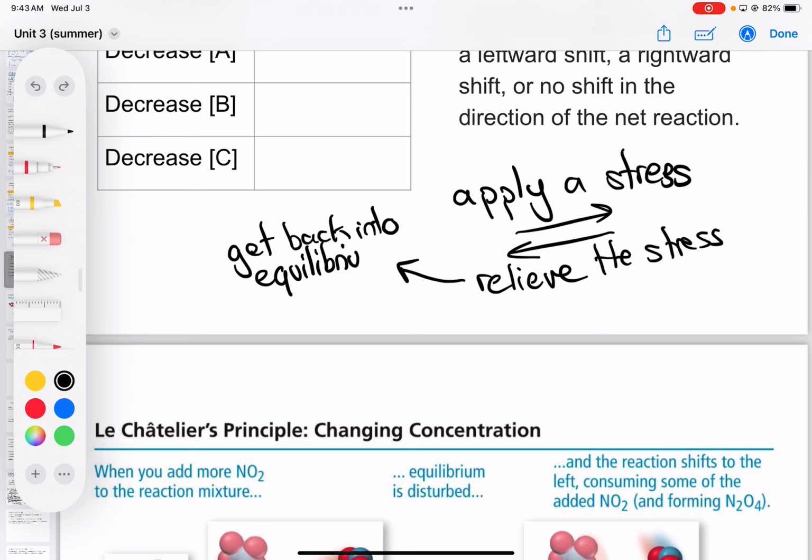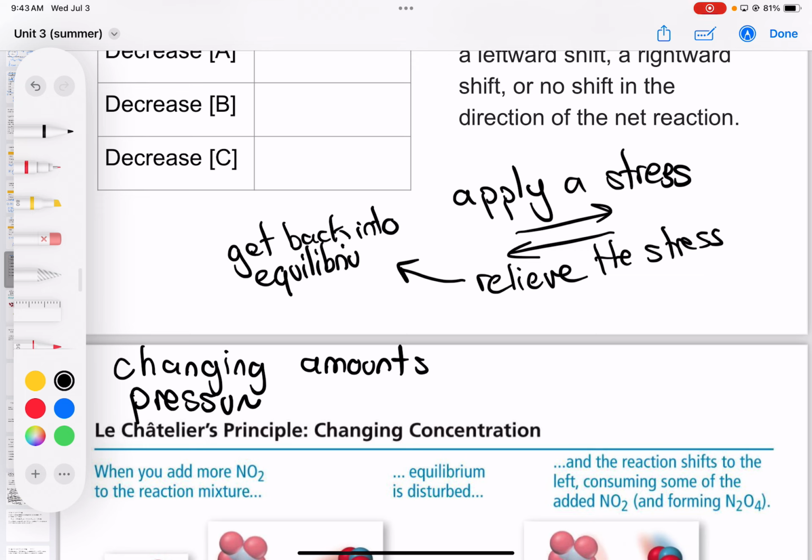So the first is changing concentrations or amounts of any of the stuff. Changes in pressure, which is related to volume, because from the gas laws, you guys know pressure and volume are inverse.